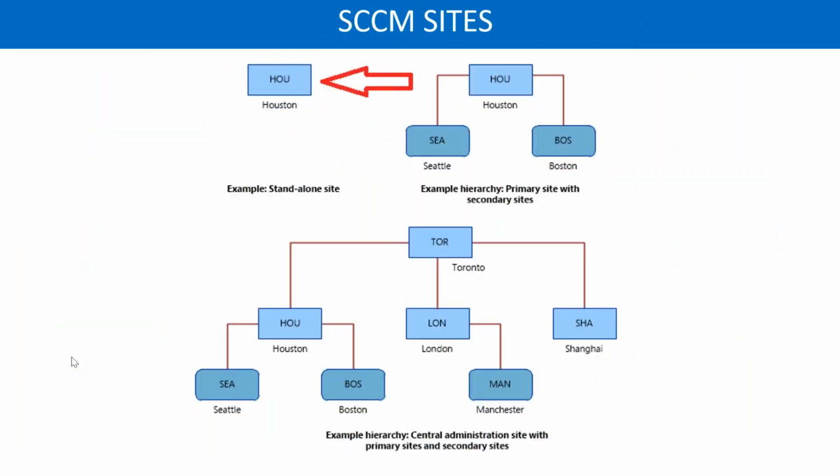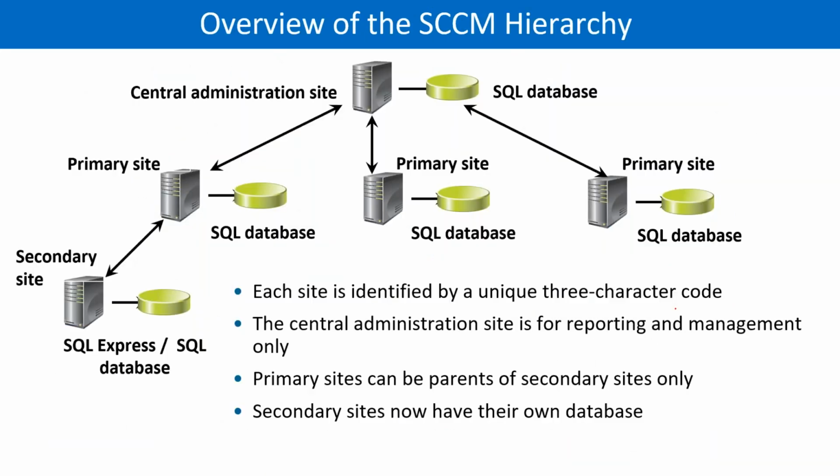Now, these are the 3 architecture diagram for small size companies, medium size companies, and big size companies. We have a database replication slide wherein the data replicates from downward to upward. The secondary will replicate to primary, and primary will replicate to central.